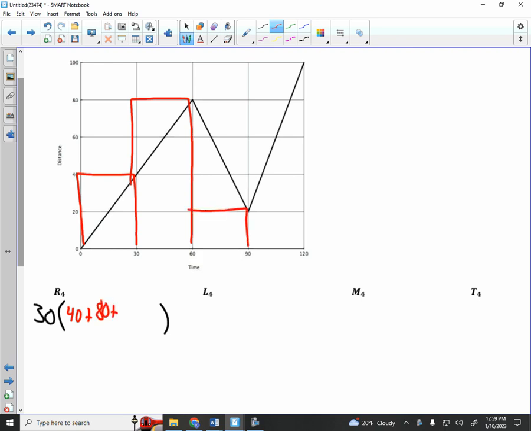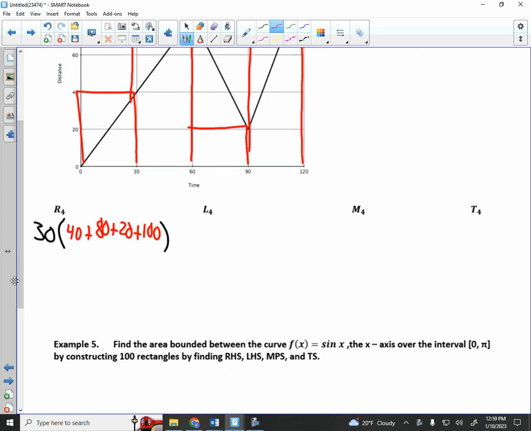Over or underestimation? Under. We just get 20 out of that. And then the last one is an overestimation. So you can see as we add those up, we have 120, and 120 is 240. 30 times 240, well, I know 3 times 24 is 72, so I'm going to go with 7,200.